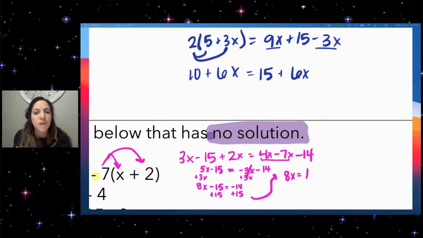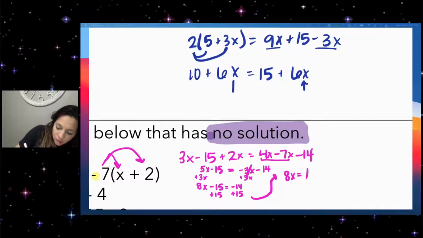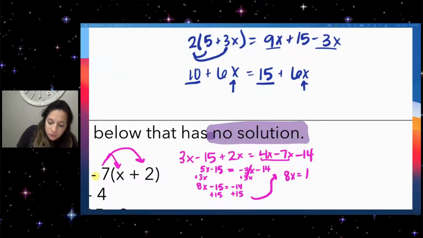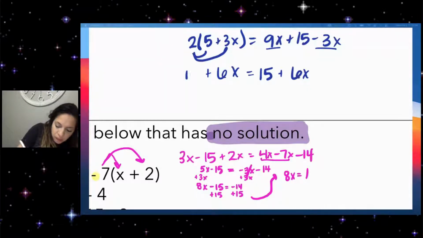Am I ever going to get an answer that works? No, because no matter what I pick for x, on this side I'm adding 15 to it, and on this side I'm adding 10 to it, which means I'm going to get nothing that works. Let me show you how that works algebraically. I'm going to subtract 15 from both sides.